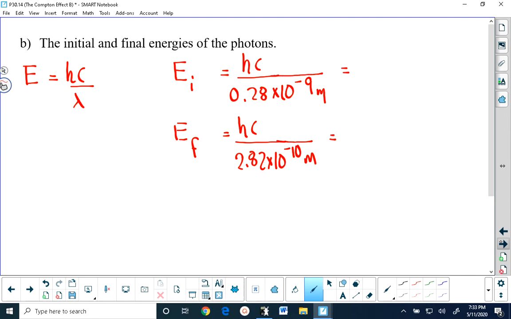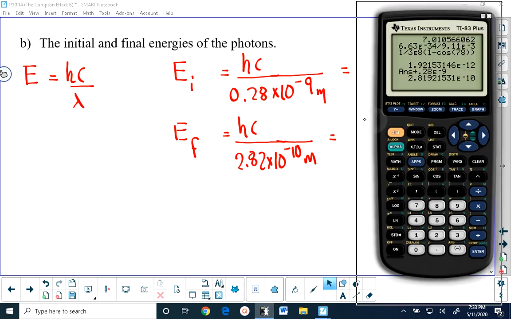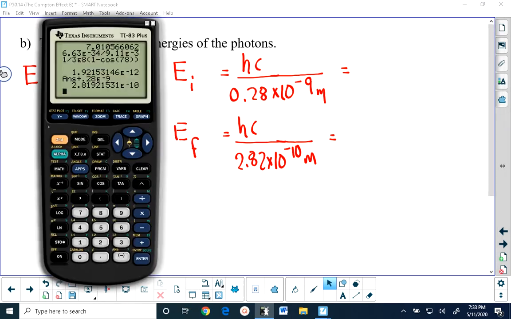I'm going to calculate the final energy first, simply because I still have that wavelength on my calculator. 6.63 multiplied by 10 to the negative 34 multiplied by the speed of light, which is 3 times 10 to the 8, divided by my wavelength, and I get 7.055 times 10 to the negative 16 joules.